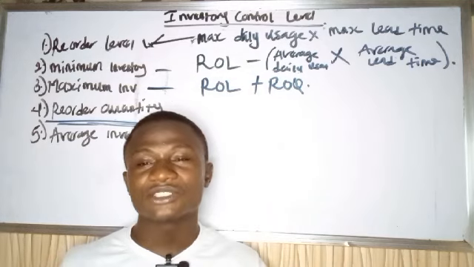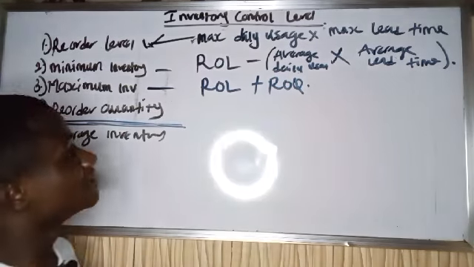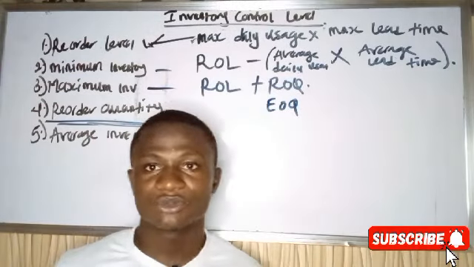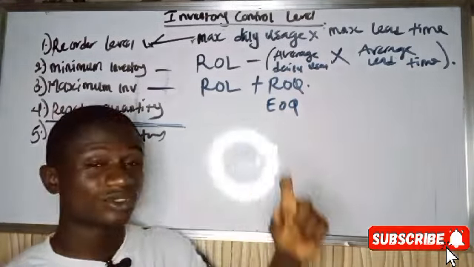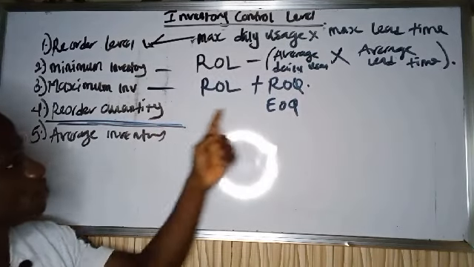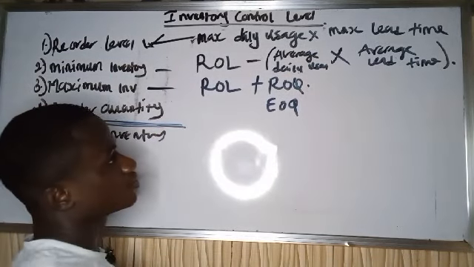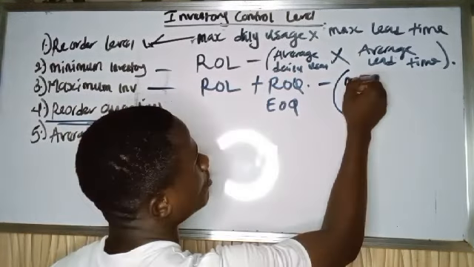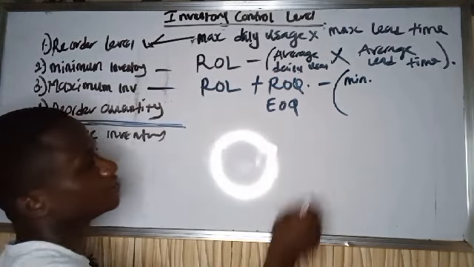You can always see it in other textbooks. Your reorder quantity might be called economic order quantity. Some textbooks call it economic order quantity. Note, it is the same thing as reorder quantity. So your reorder level plus reorder quantity minus the minimum daily usage.